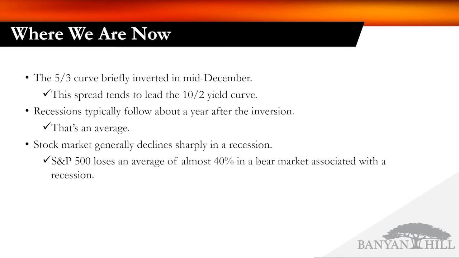It can be as short as 1 month. The stock market generally declines sharply when we're in a recession. On average, it's about a 40% bear market when we're in a recession. The last 2 recessions, we have seen declines of 50% or more. So it's very important to take notice when that yield curve inverts.